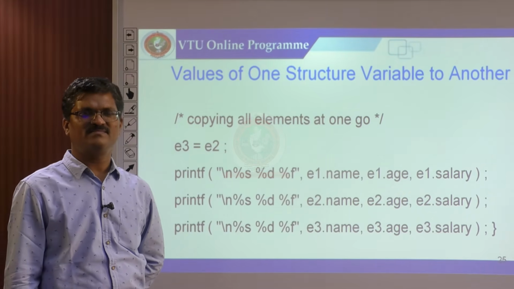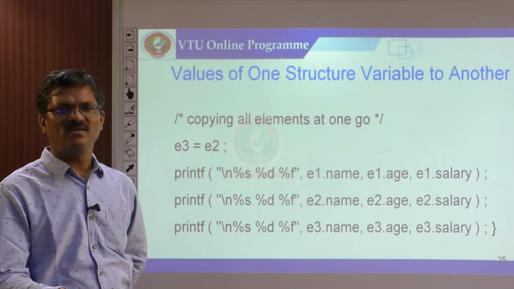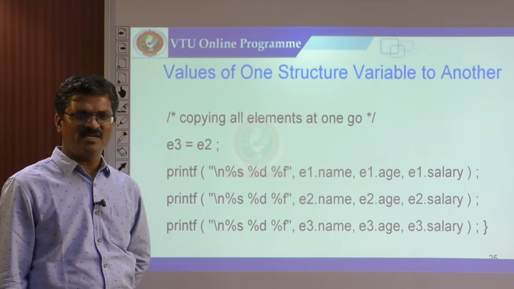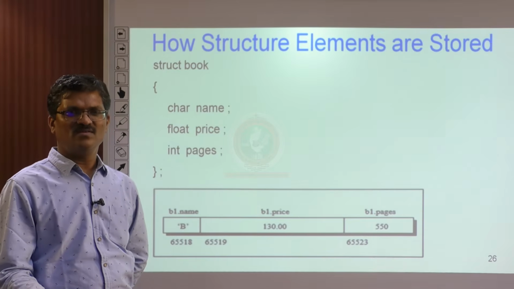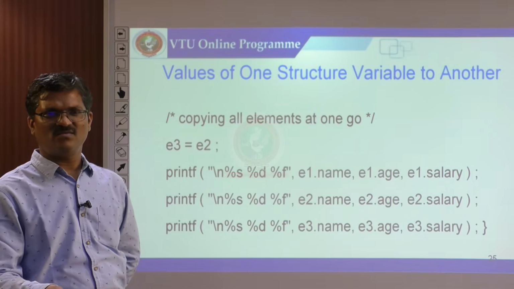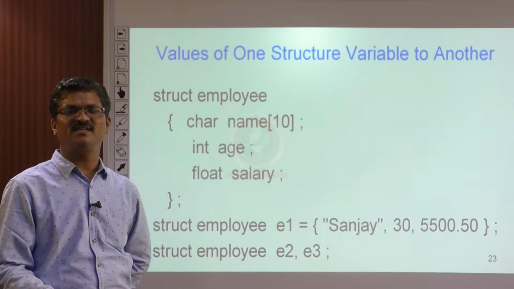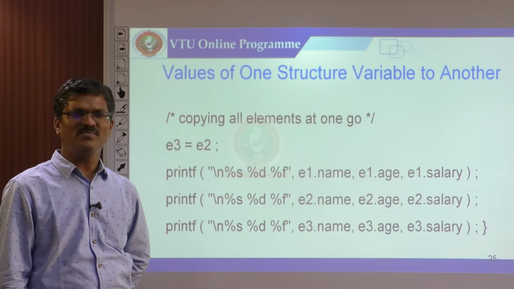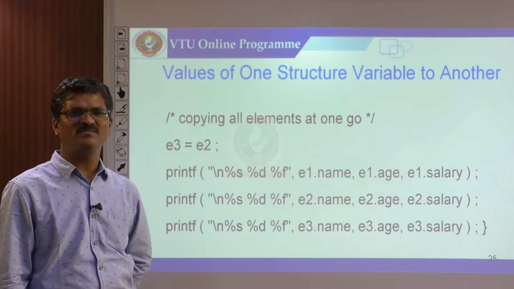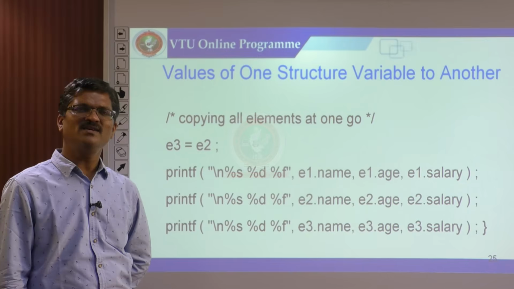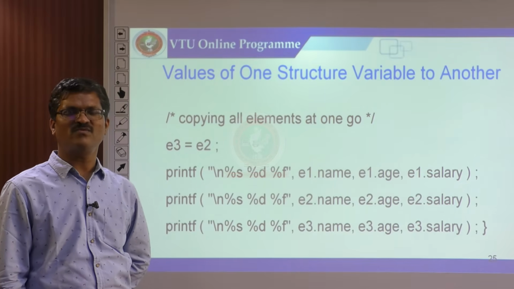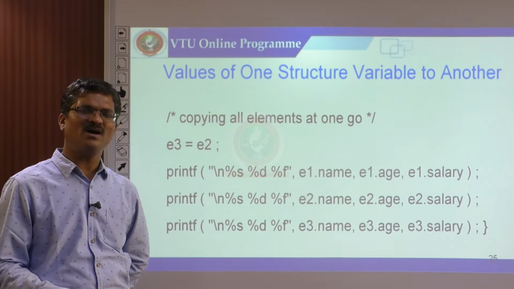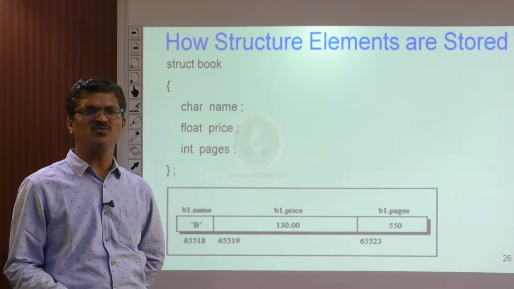Hence, if you print the name, age and salary of E1, E2, E3, you will find that whatever values we assigned here, Sanjay 30 and this salary, will be there in the first printf. In the same way, E2 also represents the same value, and of course, E3 also gets copied all the values of E2. This is the way one can copy the values of one structure to another structure.